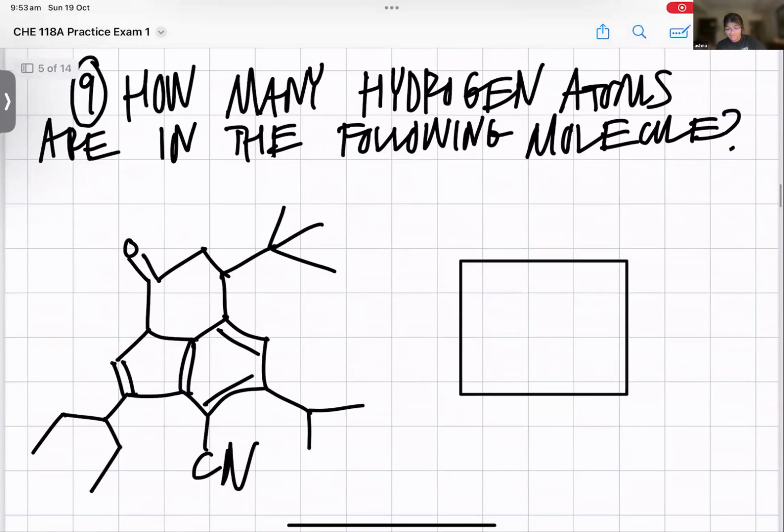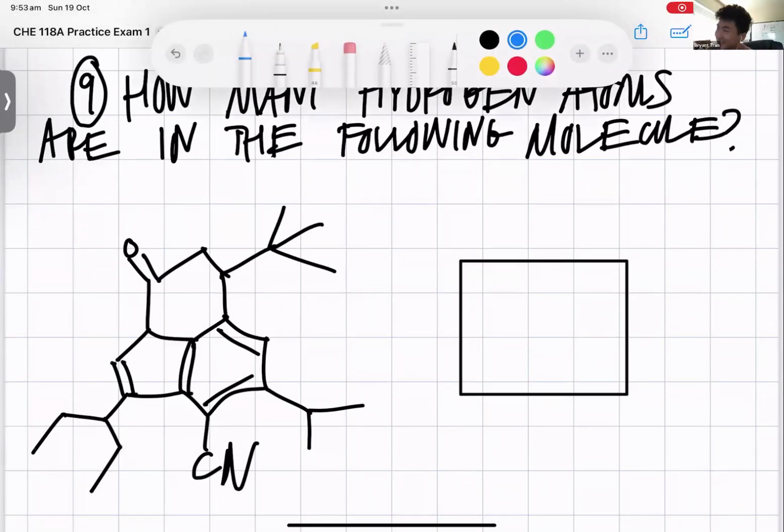How many hydrogen atoms? Oh my god. Okay. When I made this problem, in the MCQs, I would actually crash out. It would take so much time counting the hydrogens. On a test, I would skip this problem and go back to it at the end, because this is way too much time. I will do the ones I'm most confident with first to maximize the points on the exam, and then come back to the ones that take a long time.